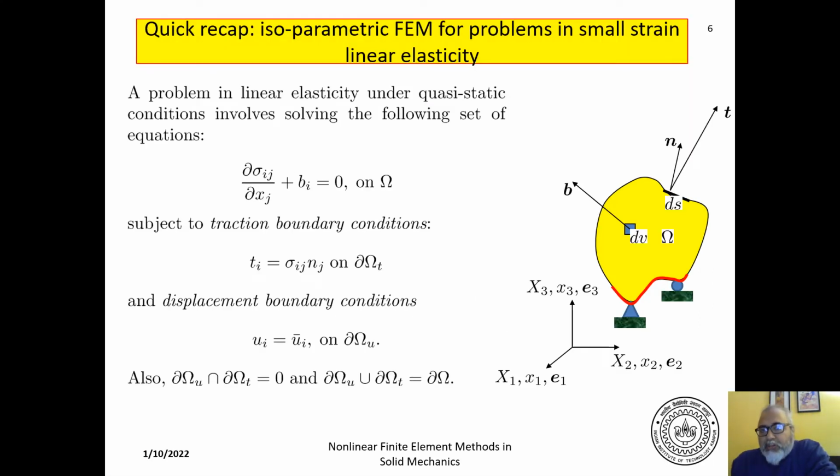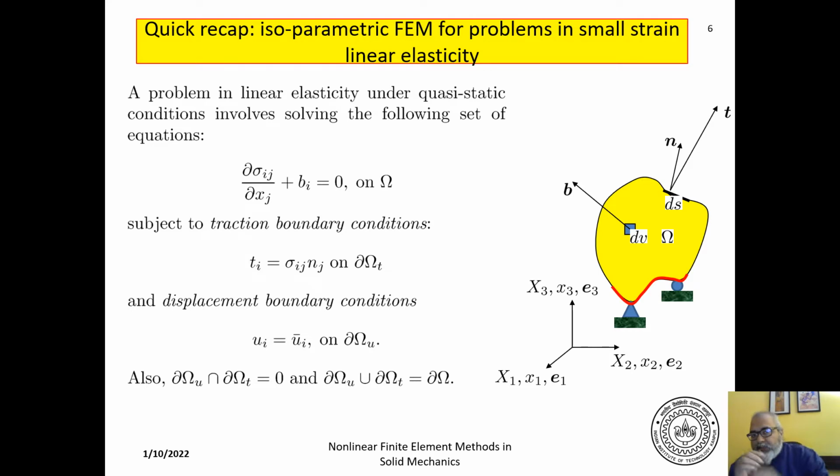This is a course on nonlinear finite elements in solid mechanics, and we will mostly be dealing with problems where the degrees of freedom at a node are the displacements, and the behavior of the material can be nonlinear.